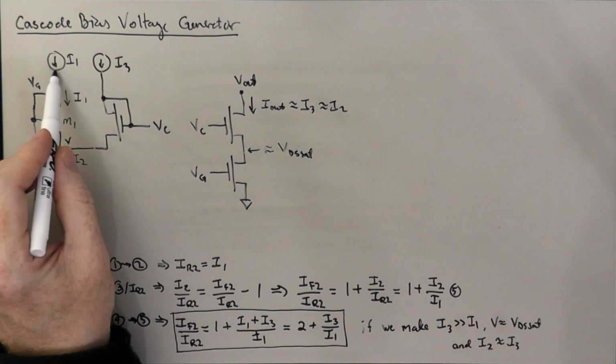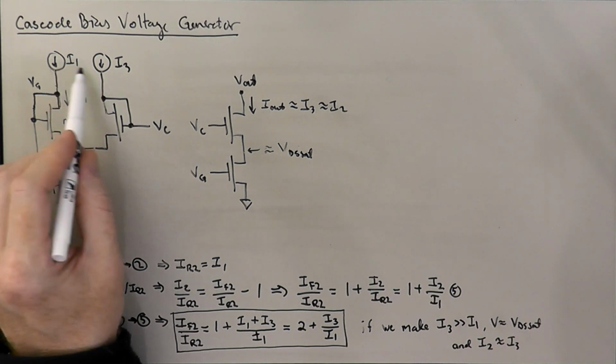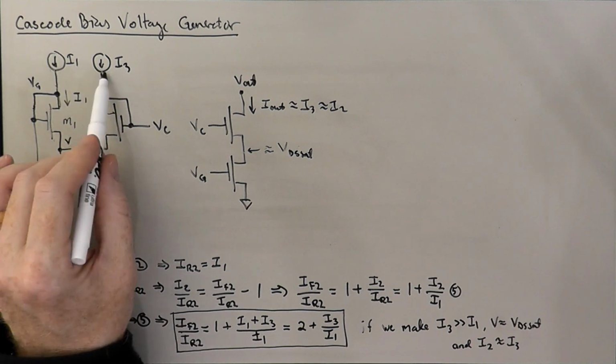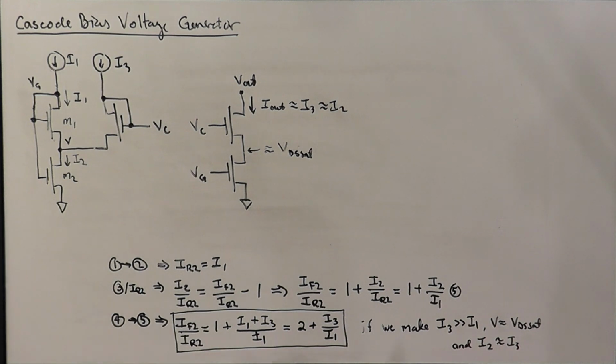And we can take a current that's much smaller than that, either a fixed current that's much smaller than that, or a current that is divided down to be in some fixed ratio, and basically produce a cascode bias voltage. Okay, so let's flip back over to the simulator.